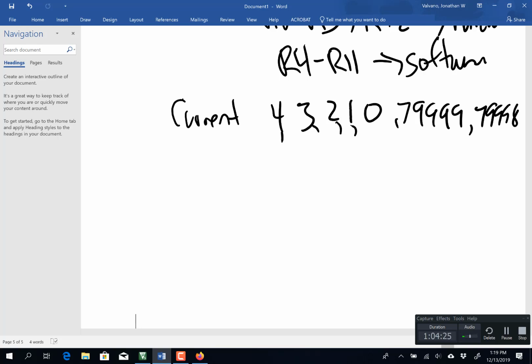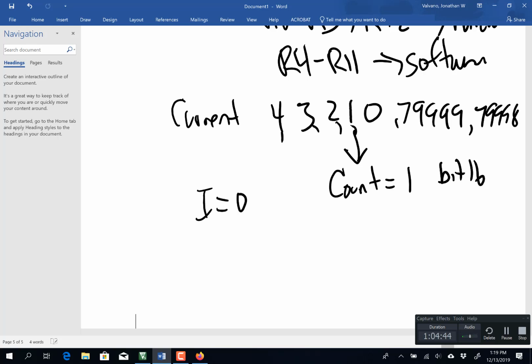What happens when it goes from 1 to 0? The flag, not current, count is set. That's bit 16. Assuming the control register's got a 7 in it, it's armed, and the I bit is 0.